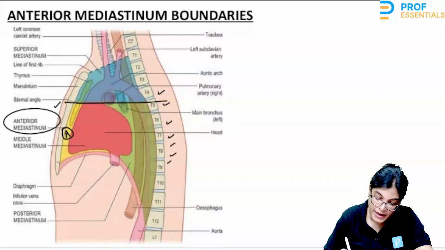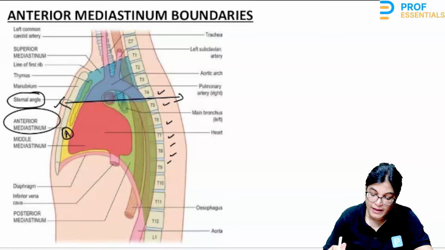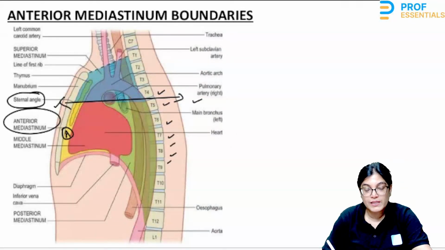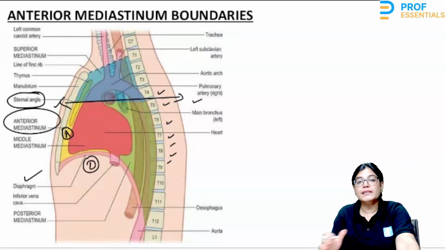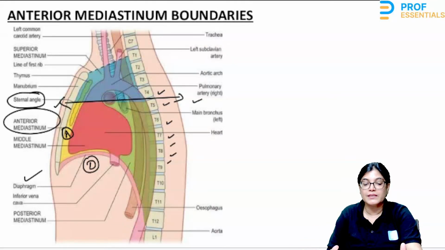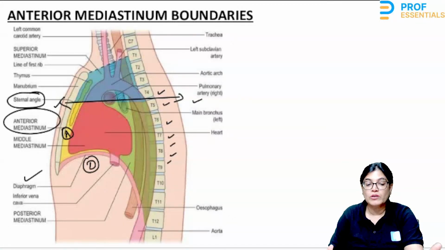Superiorly there will be an imaginary plane passing through the sternal angle anteriorly, and the T4 and T5 thoracic vertebra. Inferiorly we will have D for the diaphragm. So the anterior mediastinal boundaries are defined very nicely, and you can see all the important structures. We will know about the boundaries one by one, then I will tell you about the contents of the anterior mediastinum also.